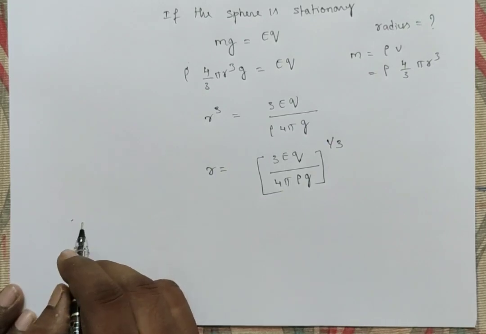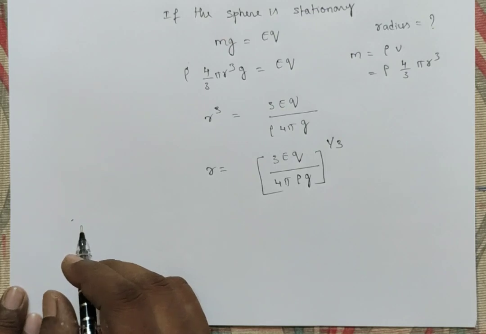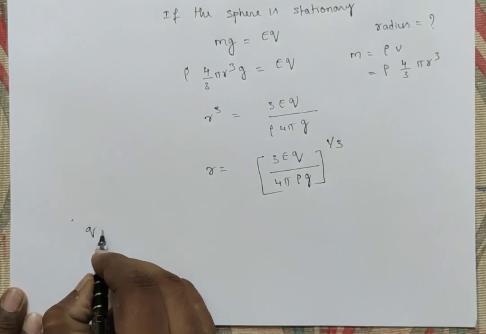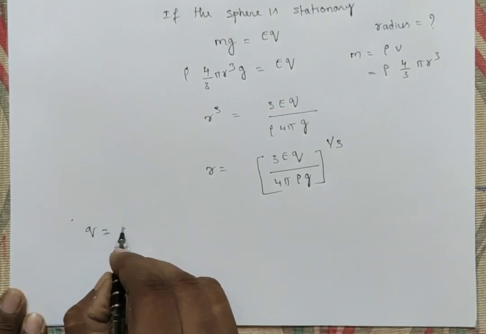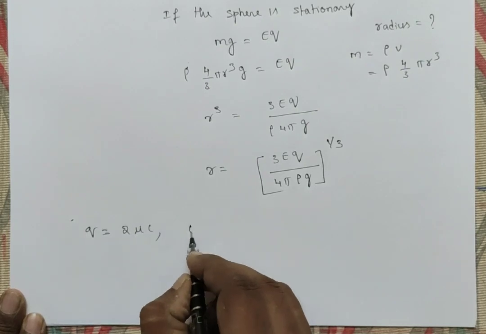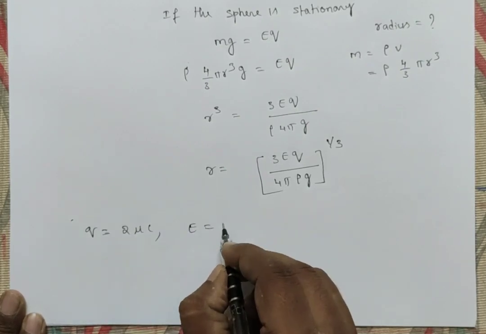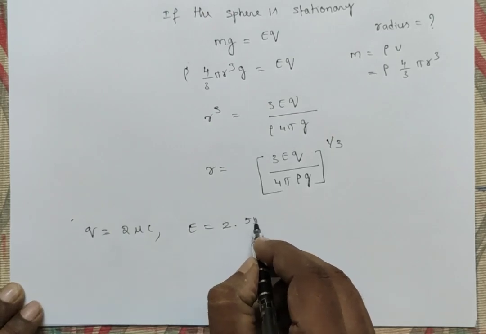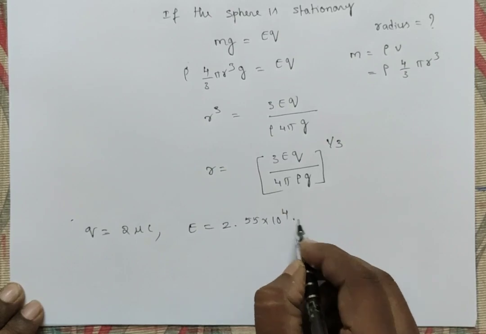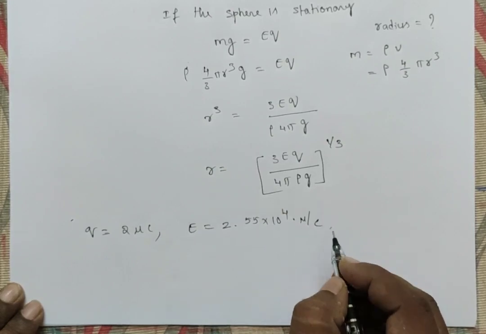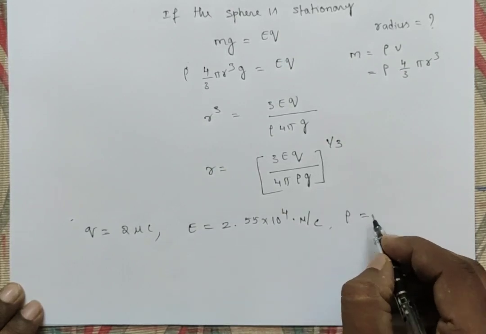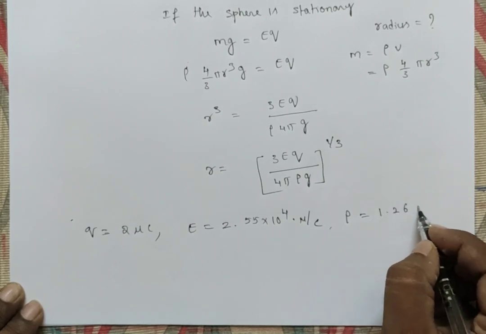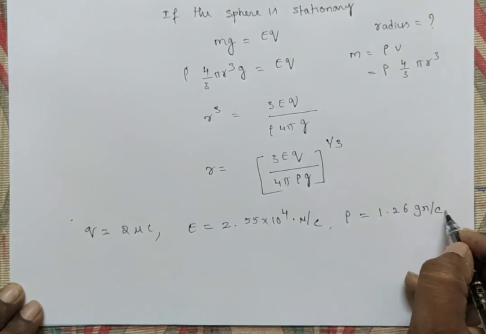The charge Q equals 2 microcoulomb. The electric field intensity E is given as 2.2555 into 10 raised to 4 newton per coulomb, and the density of the sphere we can take as 1.26 gram per cc.